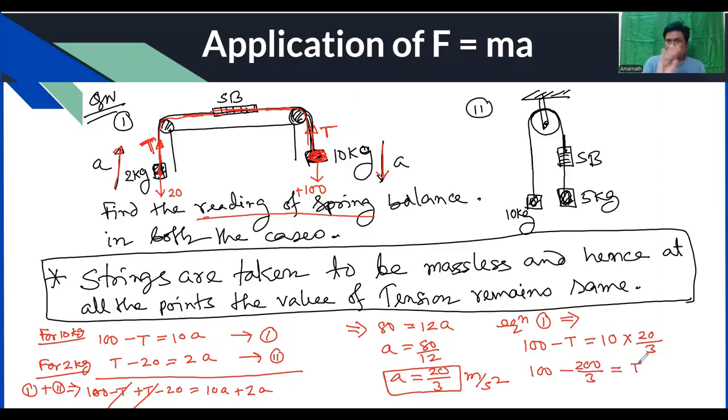Shifting tension to the right and 200 by 3 to the left, taking the LCM, tension equals 300 minus 200 over 3, which is 100 by 3, about 33.33. This is the reading of the spring balance in the first case.